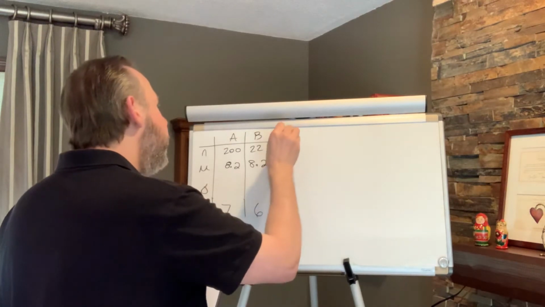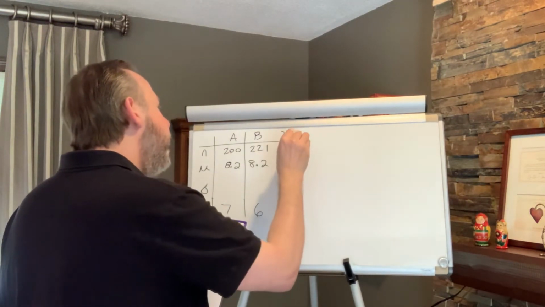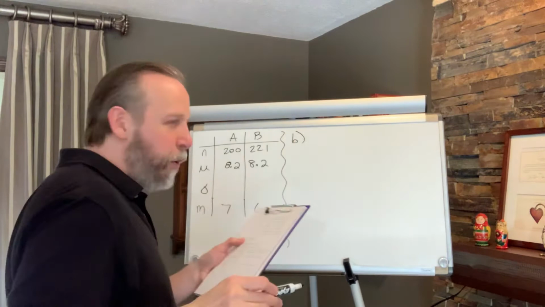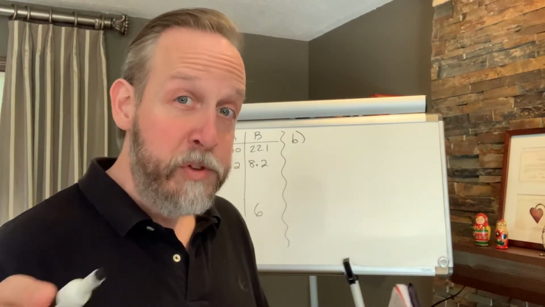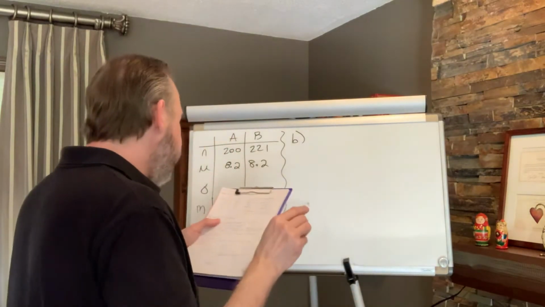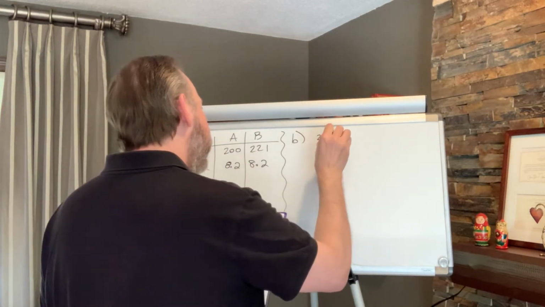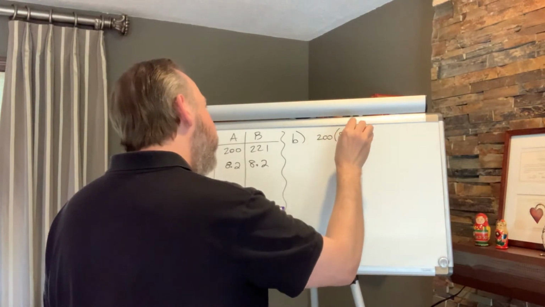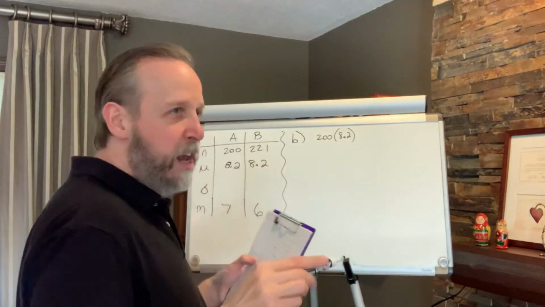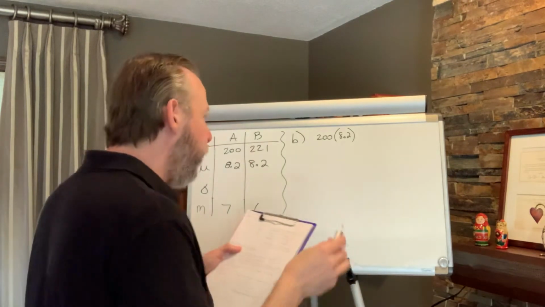Part B tells you that we accidentally omitted 18 teachers from distribution A whose average teaching experience was 2.5 years. So what's the new mean? Well, it was 200 teachers times 8.2. We're just unfolding. 8.2 was the former mean, so now I have all their years.